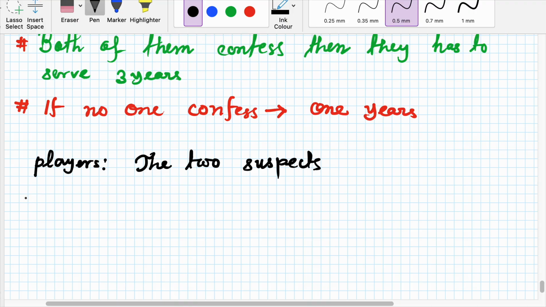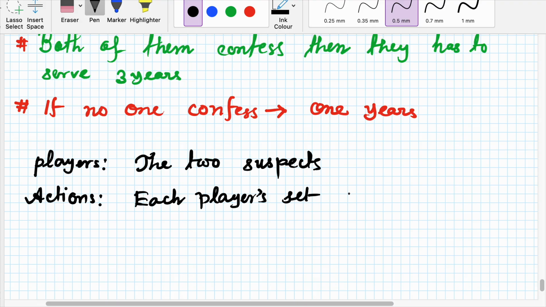What are the actions? Each player's set of actions is that they either confess against the other or stay quiet.